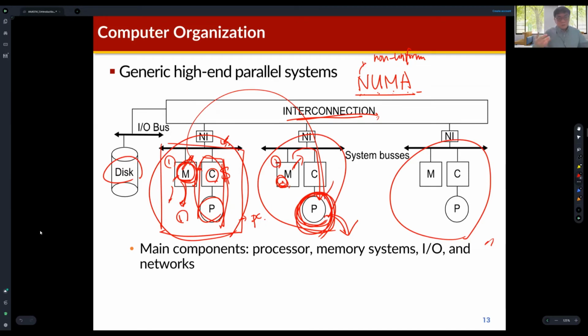So this is the hardware setting, but to the programmer, it's a very simplified illusion provided to the programmers. So what is this illusion?